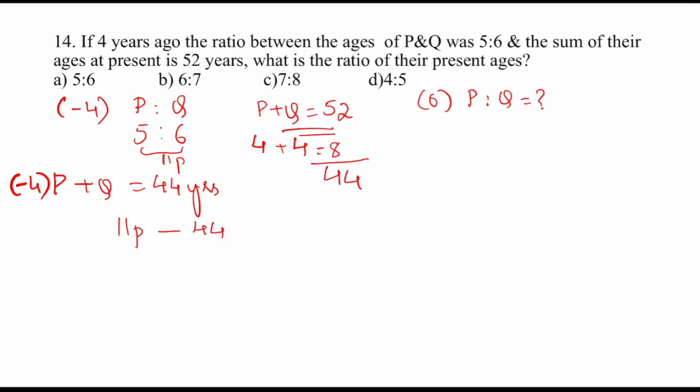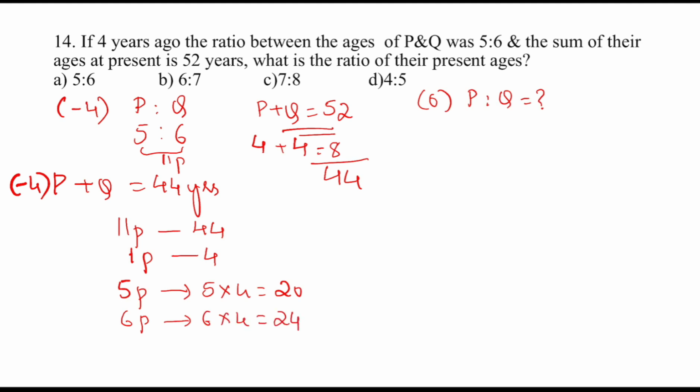That means what will be 5 parts? So 11 parts is 44, means 1 part will be 4 years, isn't it? So 5 parts will be how much? 5 into 4, which is 20 years, and 6 parts is 6 into 4, 24 years, isn't it?